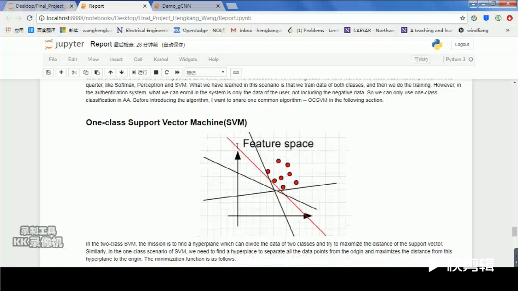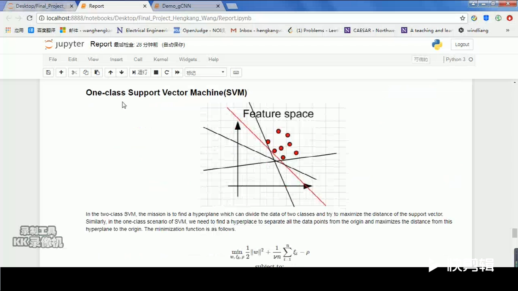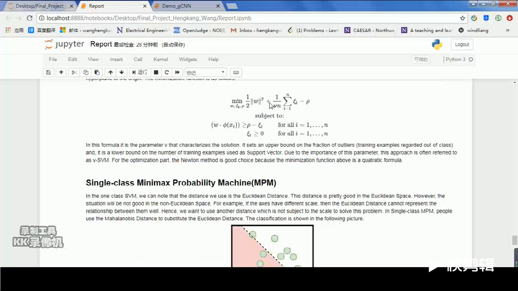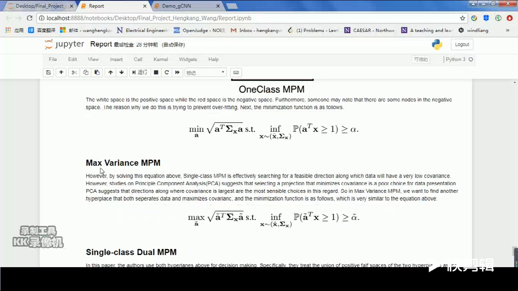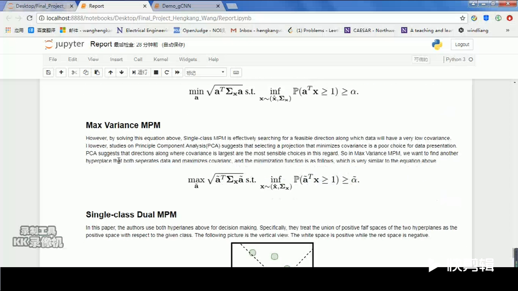And then I introduced a common algorithm called one-class SVM, and I compared it with the single-class minimax probability machine. And then the max variance MPM is what the paper has done, to find the hyperplane with a max variance.